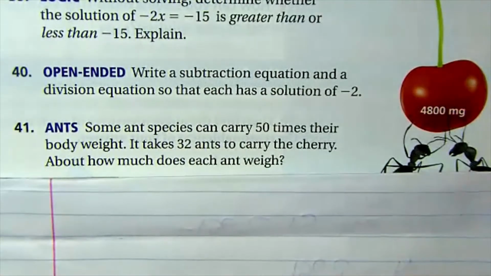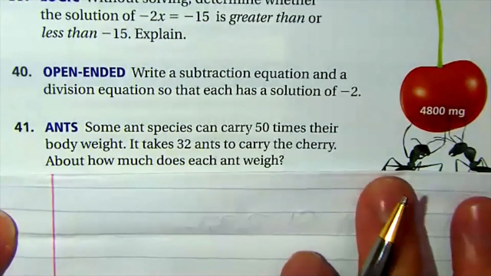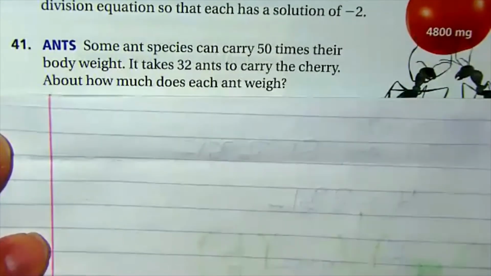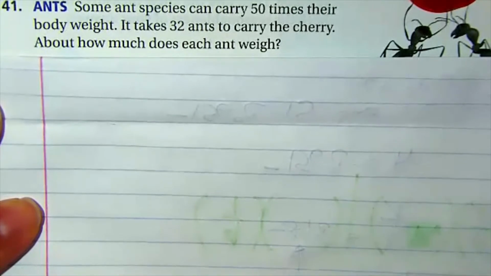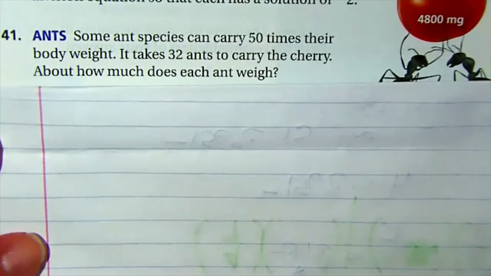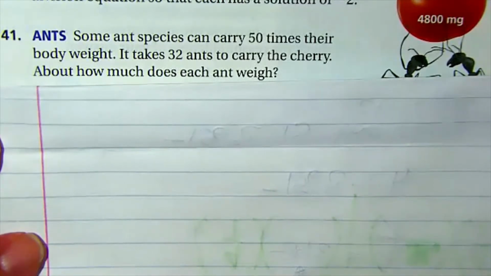Okay, some ant species can carry 50 times their body weight. It takes 32 ants to carry the cherry. About how much does each ant weigh?